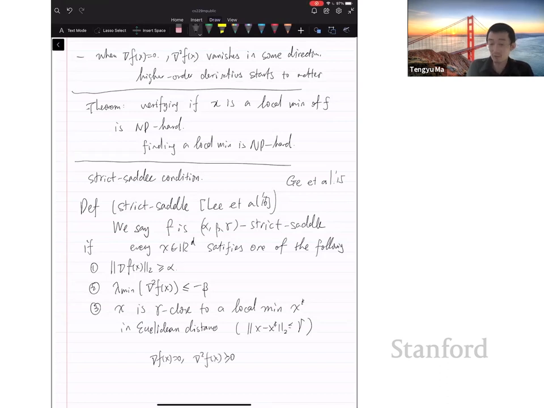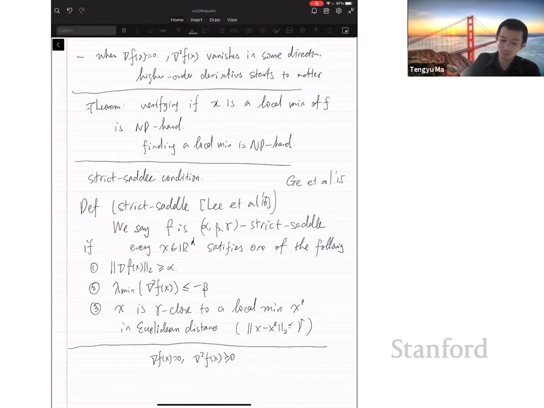It doesn't satisfy 1 or 2, but it could still not be a local minimum. That's the pathological case. This definition is basically saying that if you don't satisfy 1 and 2, then there is no such pathological case: you have to be close to a real local minimum. That's what this strict saddle condition is saying.